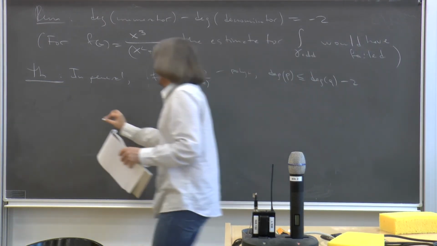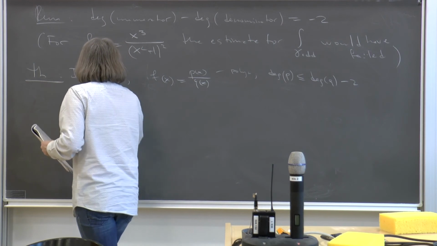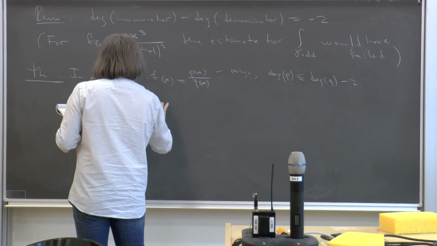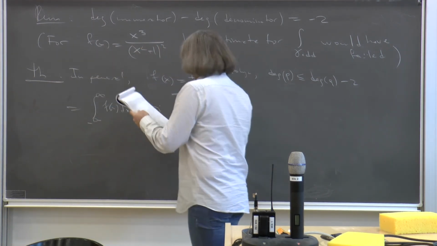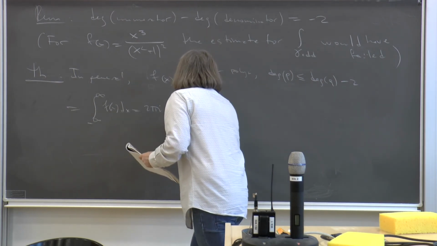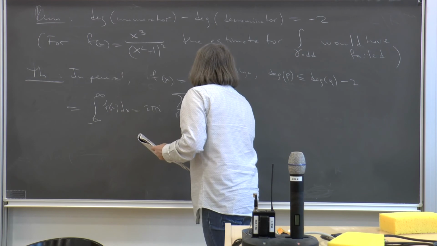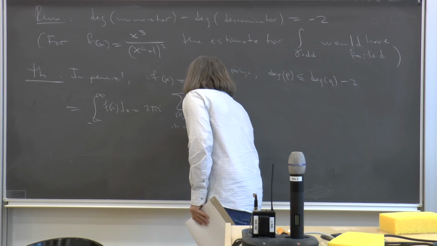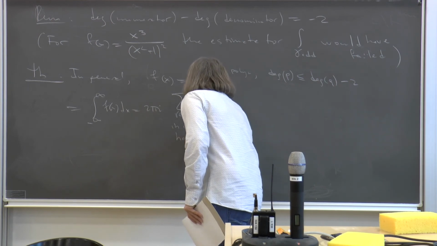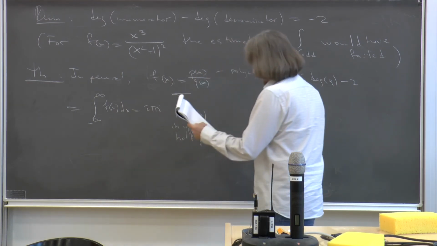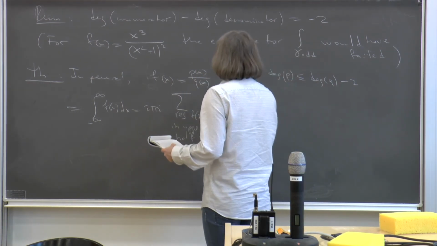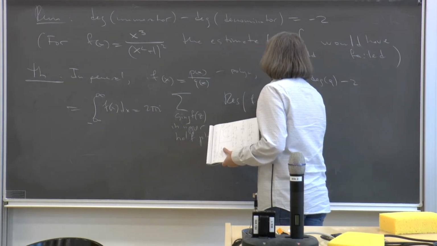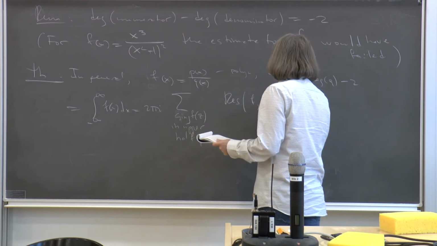Then the integral from minus infinity to infinity of f of x dx is 2 pi i times the sum of residues of f of z in the upper half plane, I mean singular at a_j.